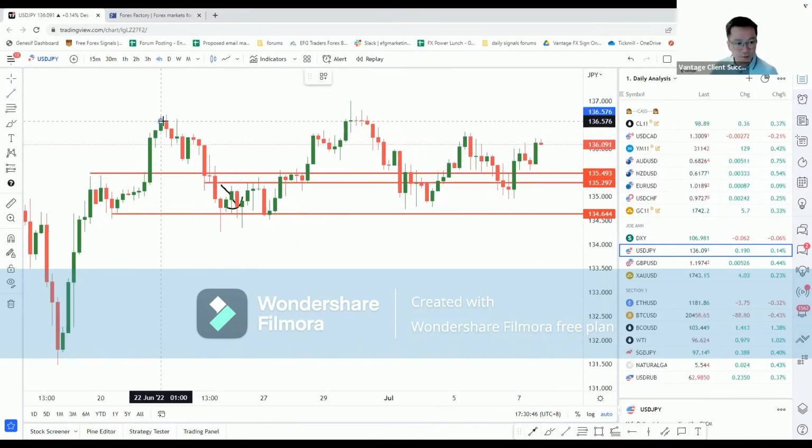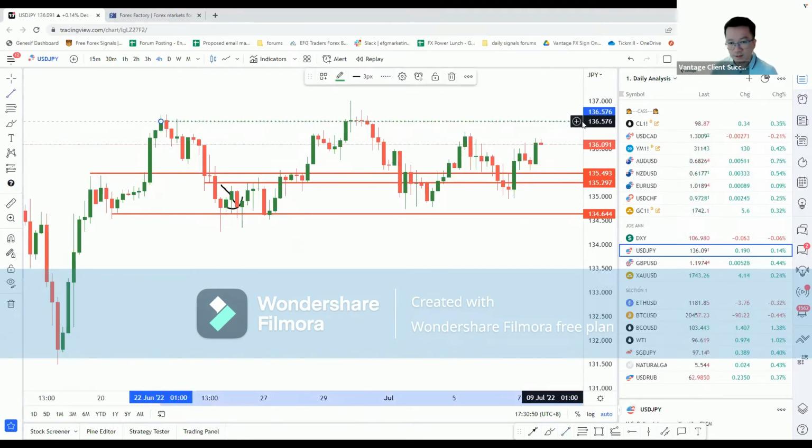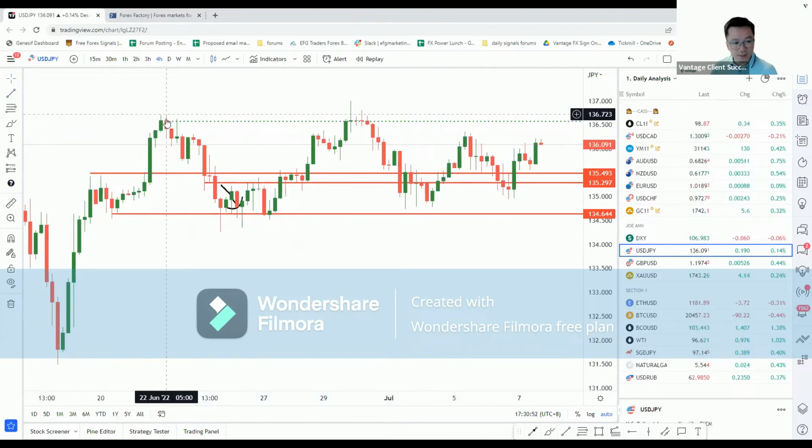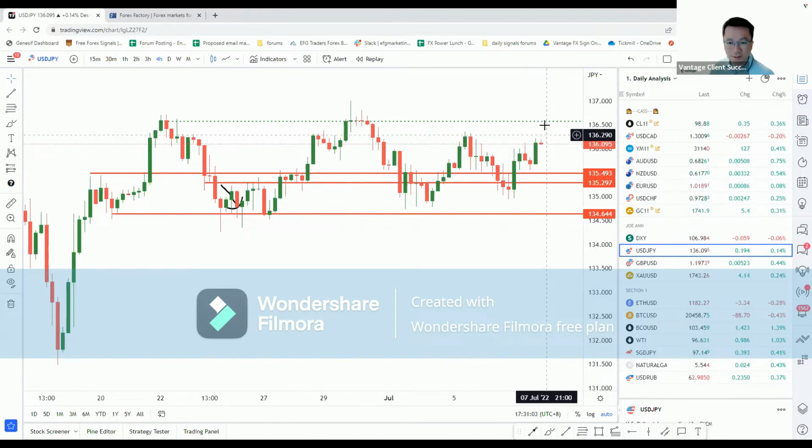So if I drag this right across, 136.60 there, you can see that it rejected this price level once on the 22nd of June, a couple of times here on the 29th, came close on the 5th, and doesn't look like it's coming close towards this price level. So with very limited upside on the US yen, I think, and potentially more downside on the New Zealand dollar.